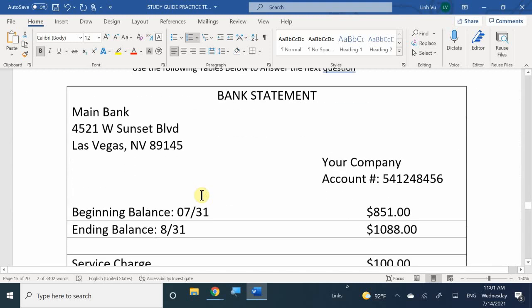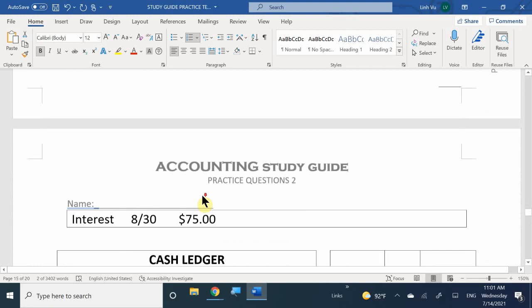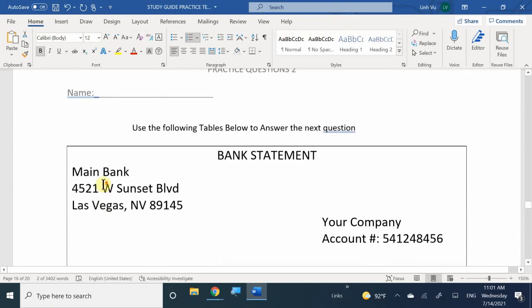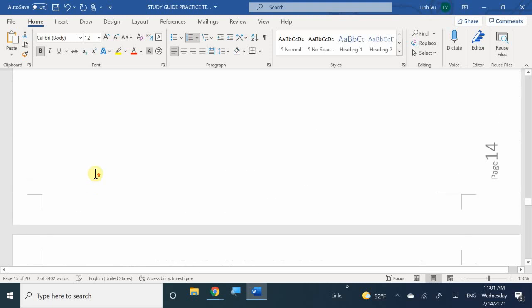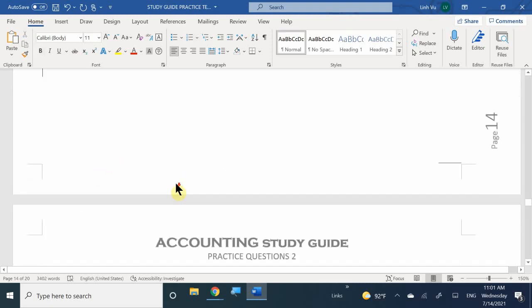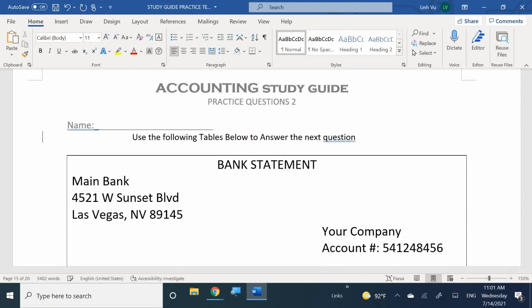All right, here we have an example of a bank reconciliation. Here's a bank statement. Down below that is your cash ledger/check register. Hold on, I need to bring this up. There you go.